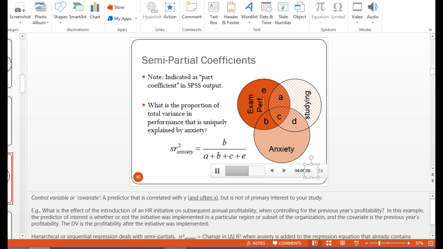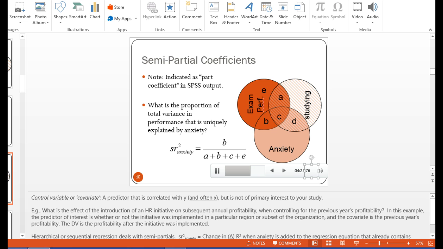So you include the previous year's profitability before the intervention occurs. You include that as a predictor in your model. And then you have the intervention, so whether or not the branch or particular region had the intervention, and you include that as a predictor in your model.